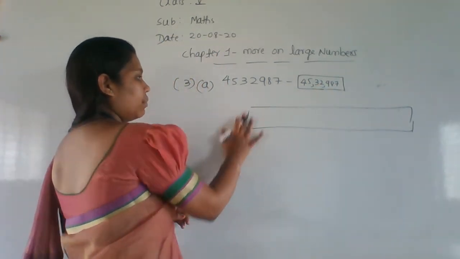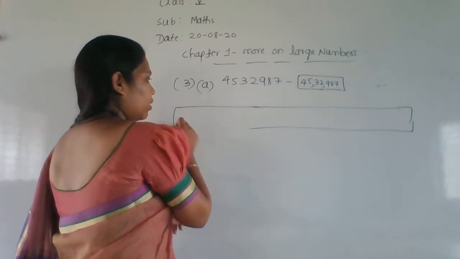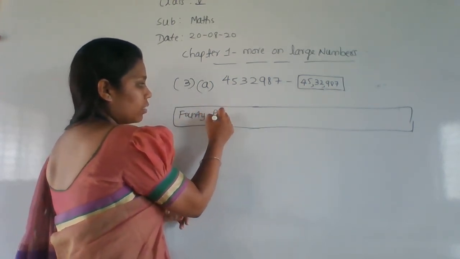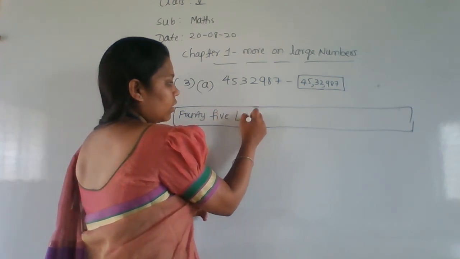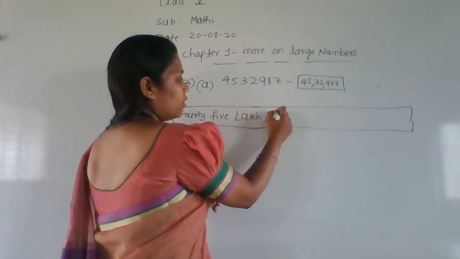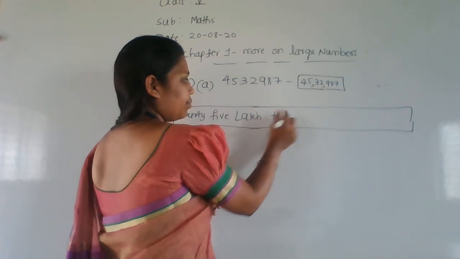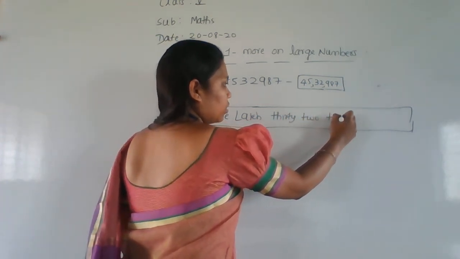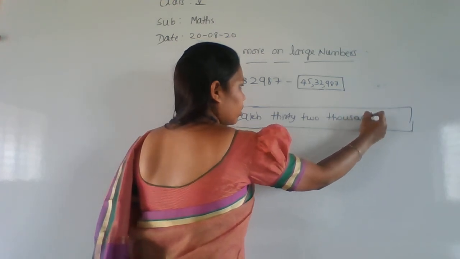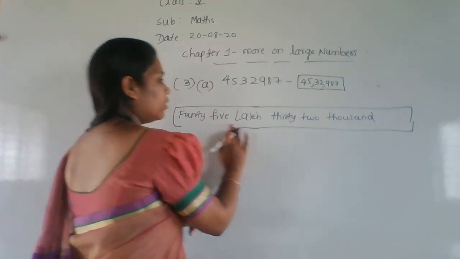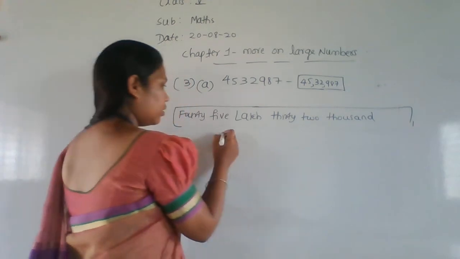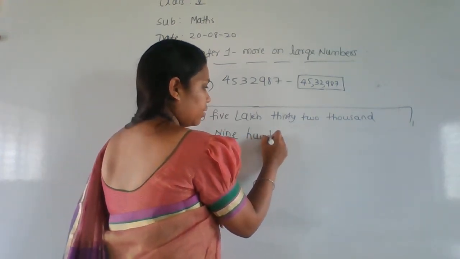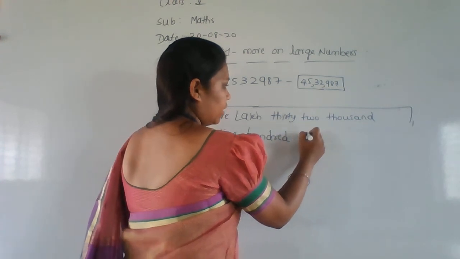What is the number name here? The number name is 45 lakh, 32,000, 987.